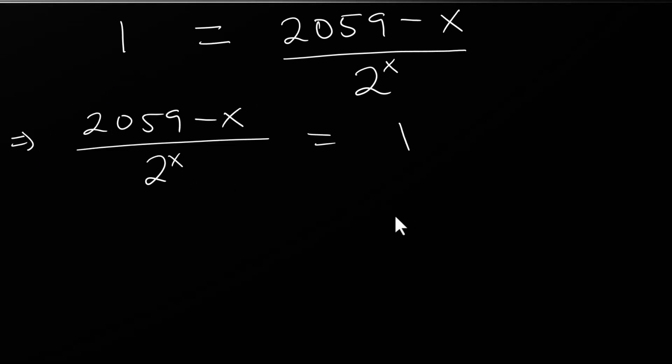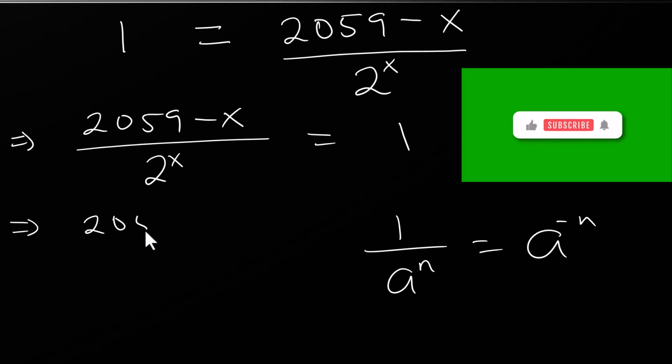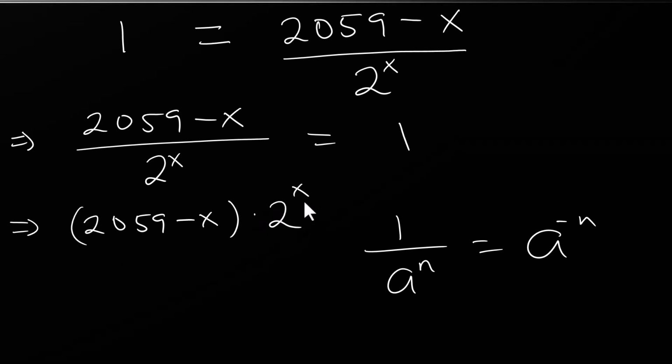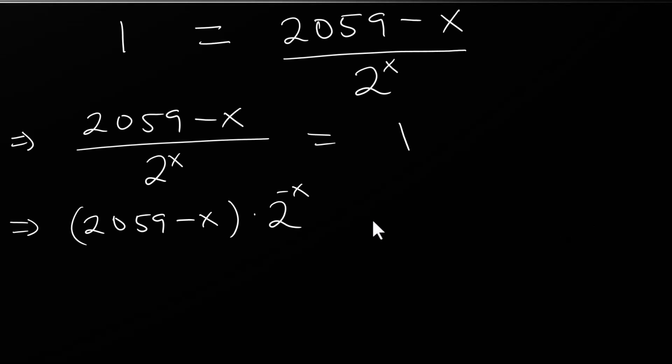So remember, 1 over a to the power n is the same as a to the power minus n. So we have (2059 minus x) times 2 to the power minus x. As simple as that. Equals 1.